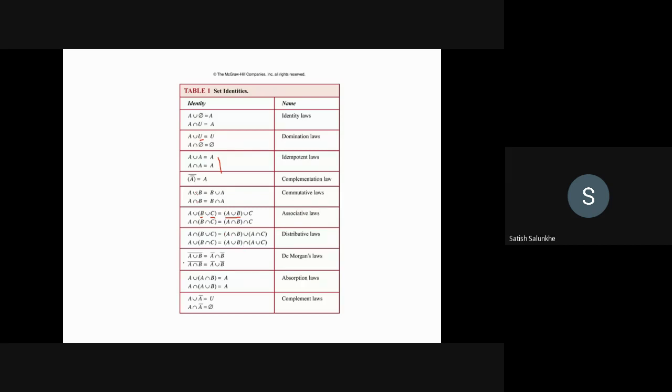De Morgan's law: complement of a union is equivalent to the individual sets' complements and then intersection. Absorption law we have skipped, not yet discussed; we will discuss it in the next class. Complement laws: A union A bar is U and A intersection A bar is the null set. Have a copy of this, maybe take a snapshot and keep it with you for the next class. So with this, we'll stop here.